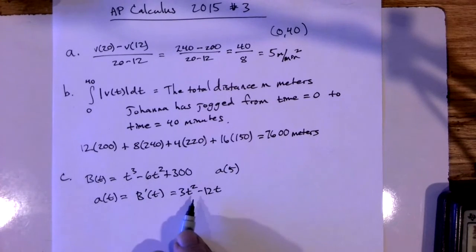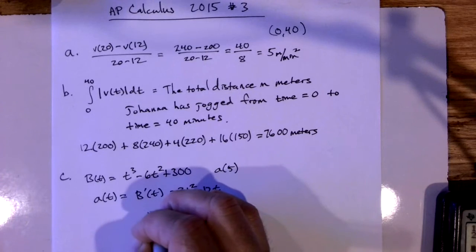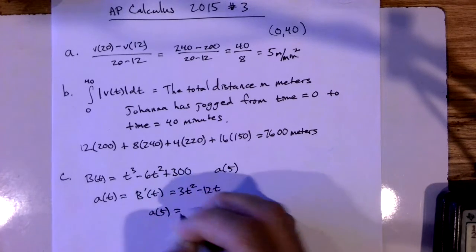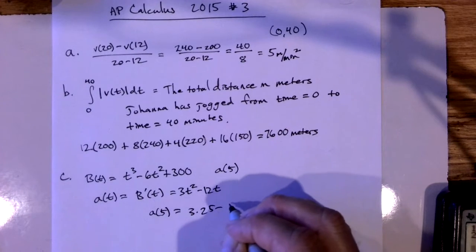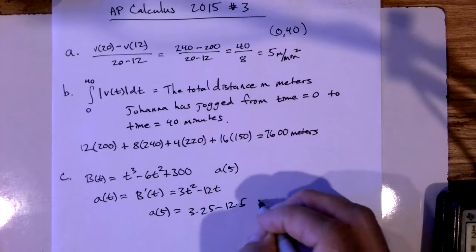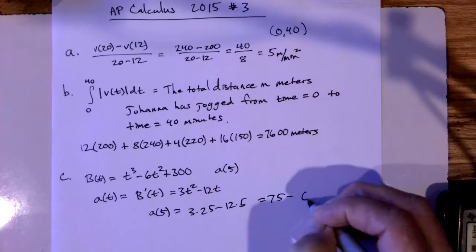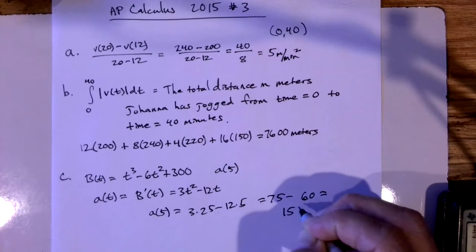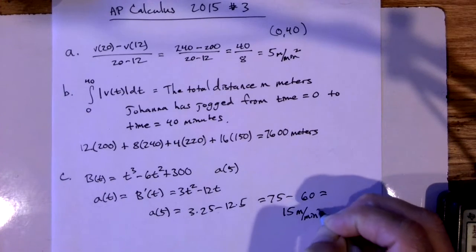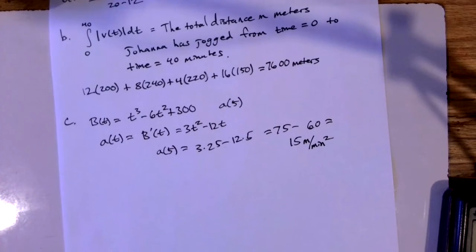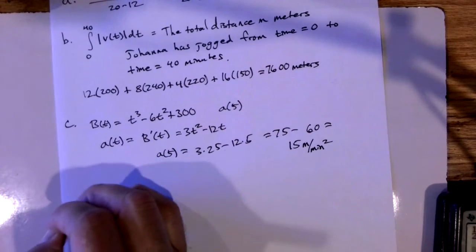And now you're going to plug in 5 to that. And so a of 5 is going to be 3 times 25 minus 12 times 5. So that'll be 75 minus 60, which is 15 meters per minute squared. That's our label. Because again, we're finding acceleration, so we have that squared.